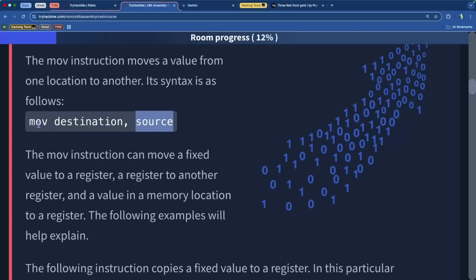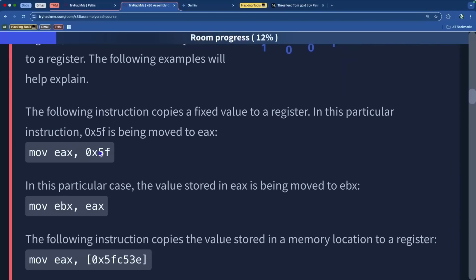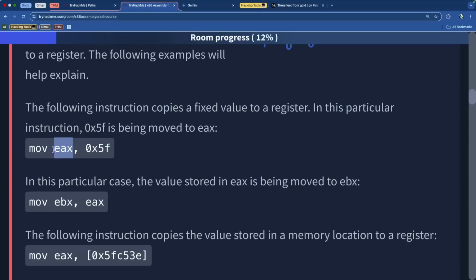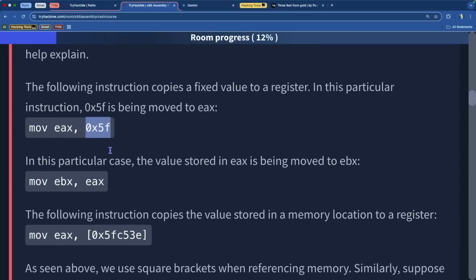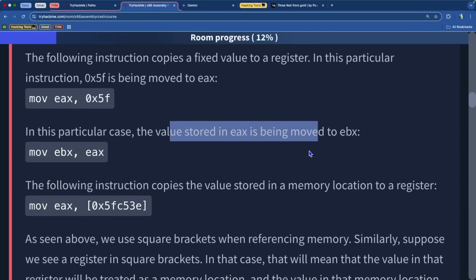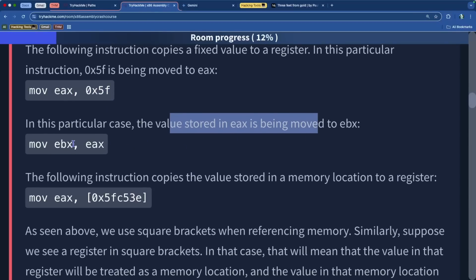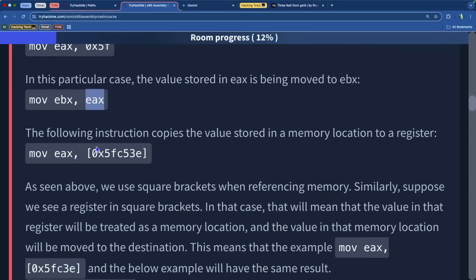And then you can also say on the terminal, move this to this location, and this would come right after move, and there would not be a comma separating them. You would just say move source destination without a comma. So in this case, we're saying move to this destination, this piece right here. The value stored in EAX is being moved to EBX, for example. So move to EBX, this specific thing. And then in this case, move to EAX, this specific thing.